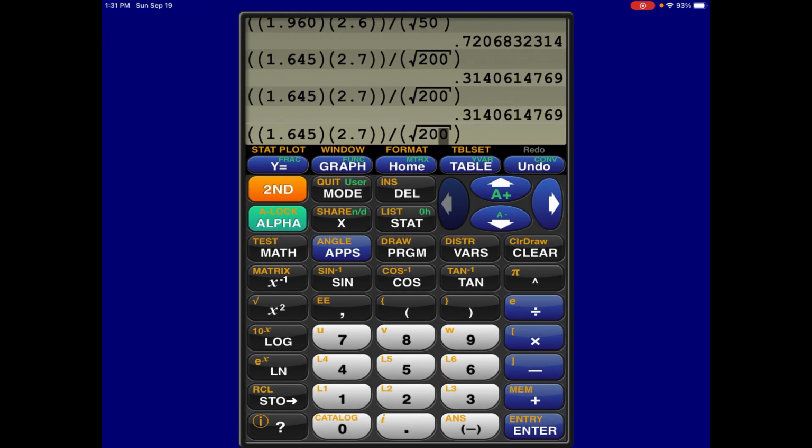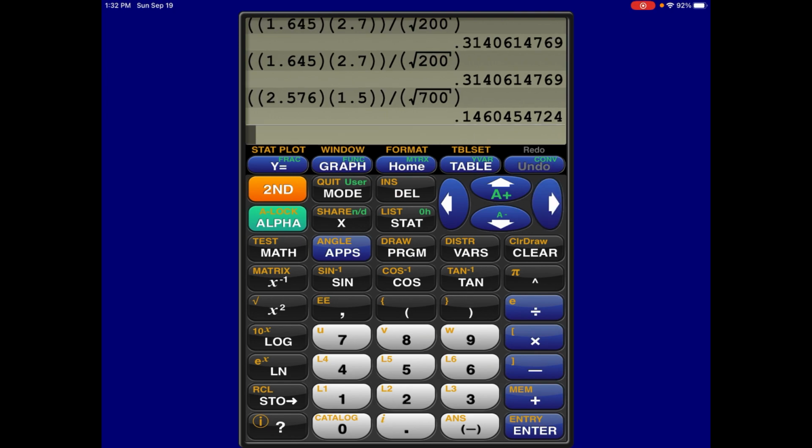Second enter. 2.576, let me double check. Even I have to reference them. I have not memorized them. Yes, that was correct. And then our standard deviation was 1.5, and we had 700. E is 0.15.